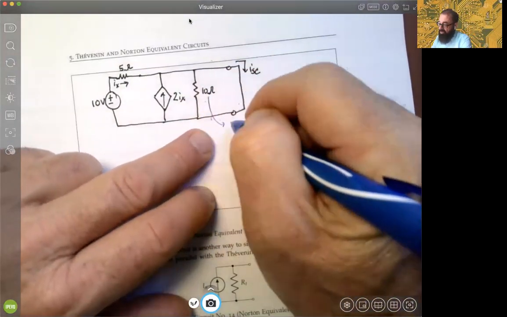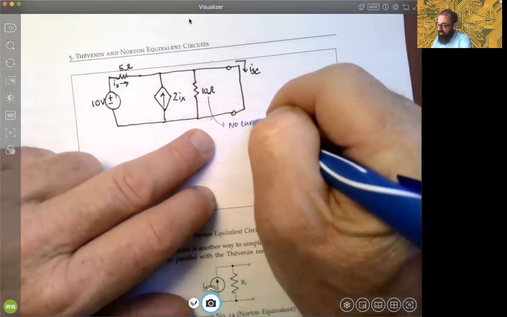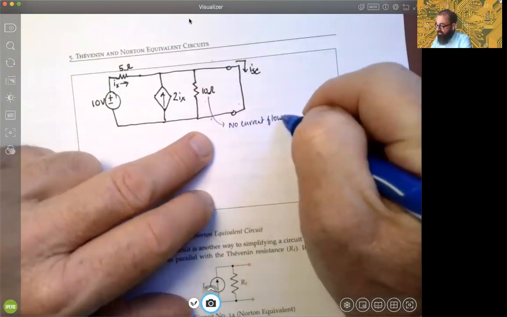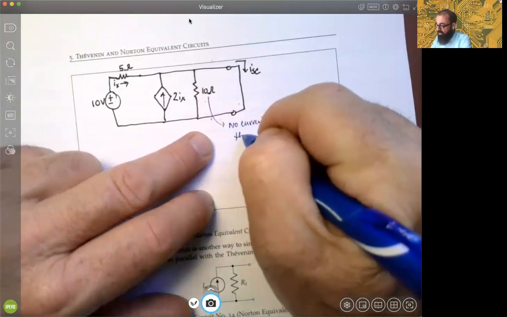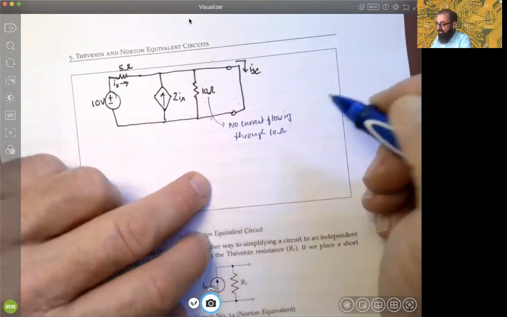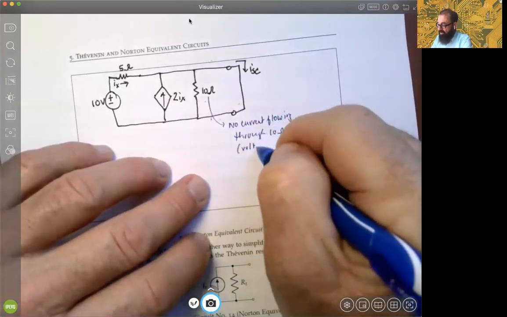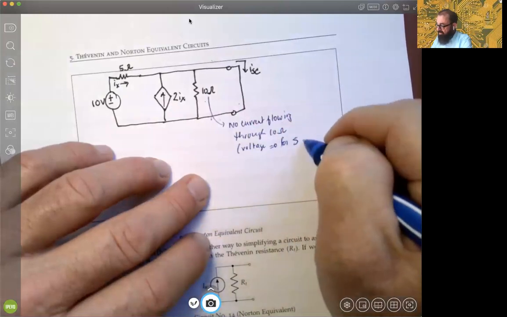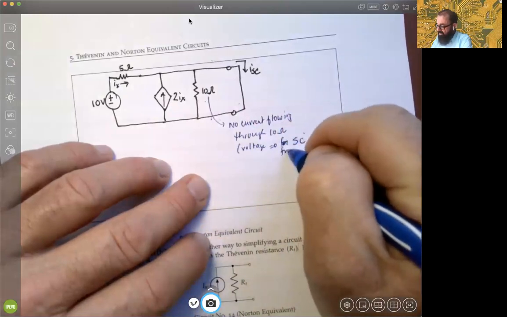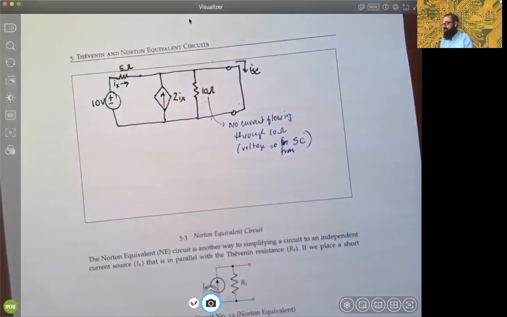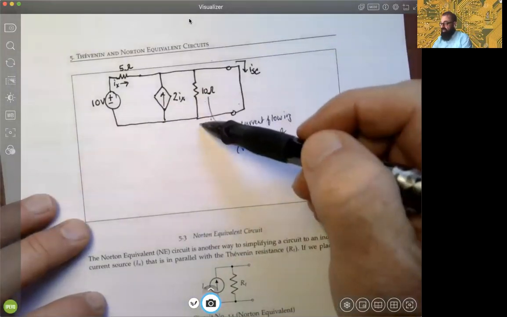So that means there's no current flowing through the 10 ohm resistance. Why? Remember, the voltage equals 0 from the short circuit, okay? That's why, right? So there's no current here.